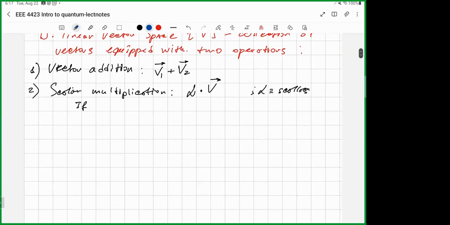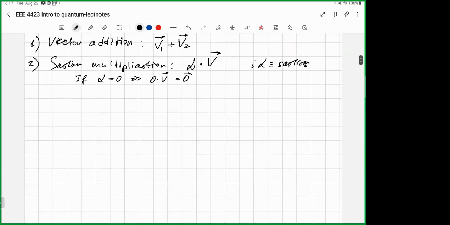If alpha equals 0, then we get 0 times v, which is not just 0, it is the zero vector. Because when we write expressions like this, if we have a vector on the left, we must have a vector on the right.